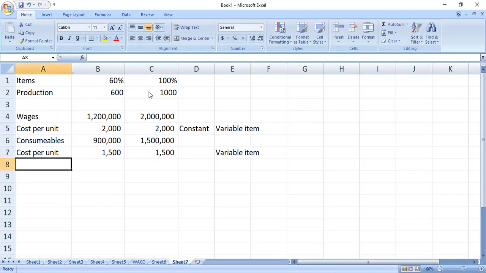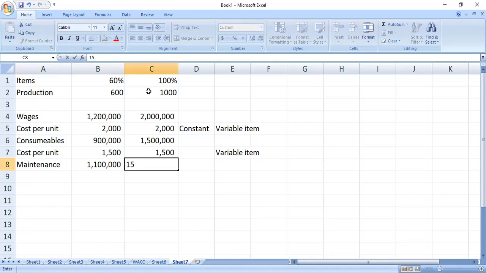Okay, then you move on. You go to the next item, which is depreciation. Okay, no, maintenance first. Okay, I have maintenance here. For maintenance, they say that under 60%, you have 100. Okay, then you have 500. Okay, that is maintenance. So we test for variability, or to see if it's variable. Same thing.